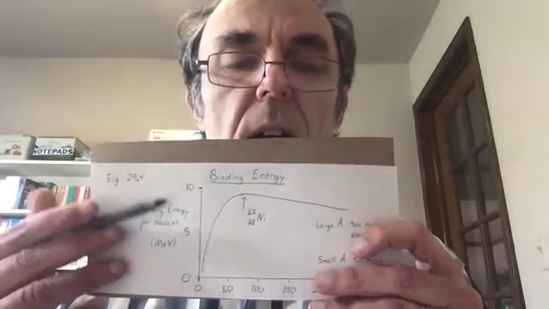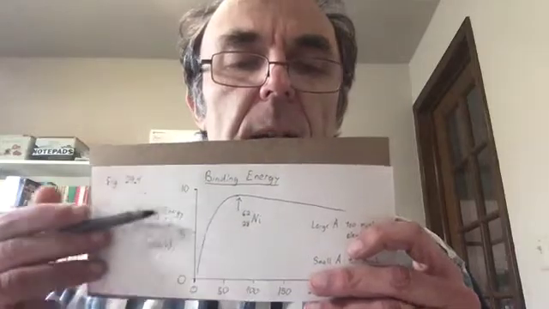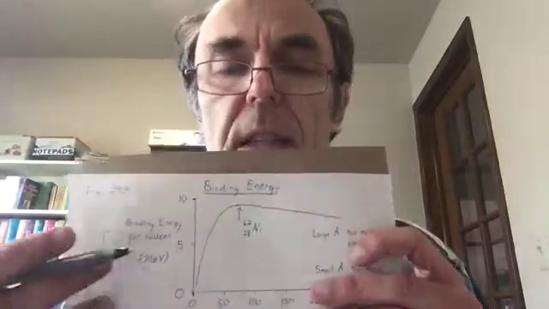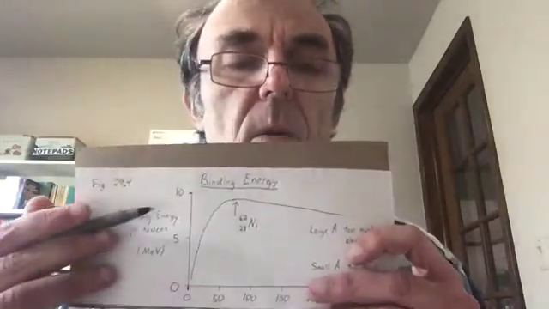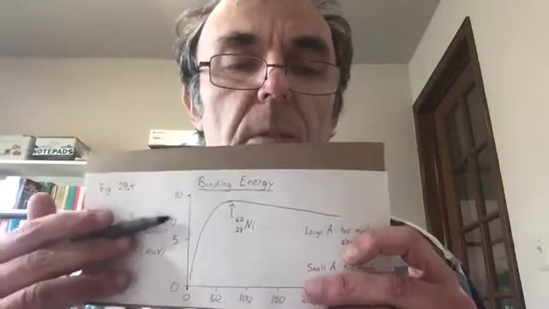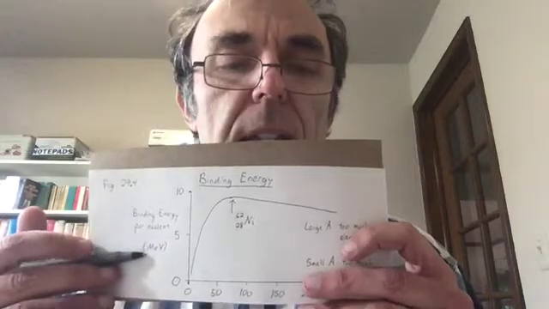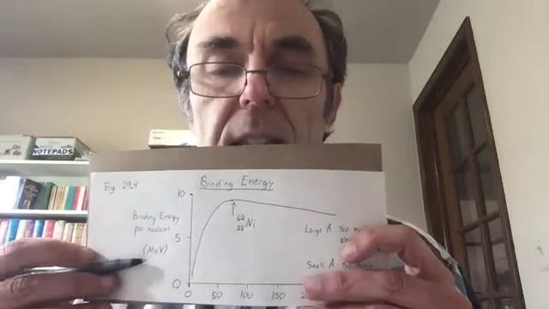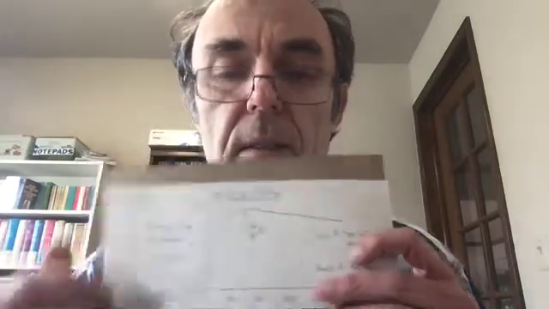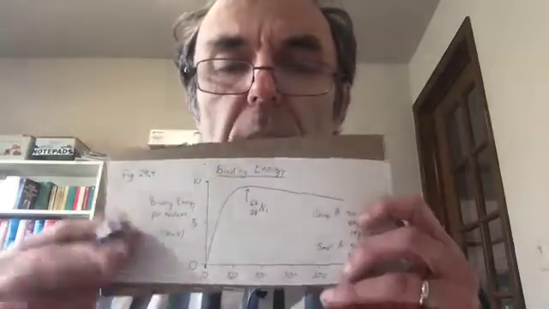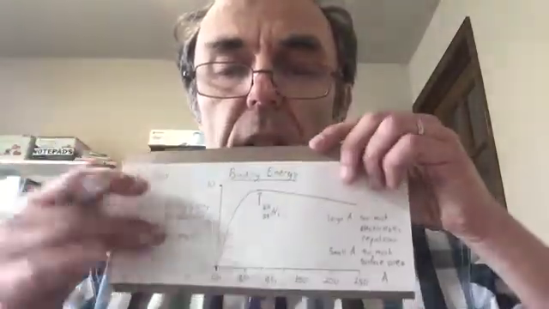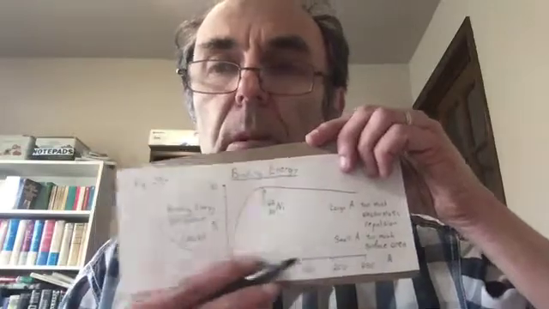I didn't want to plot the total binding energy because that depends on how big the nucleus is, how many nucleons there are. So we divide by the number of nucleons, A. So it's binding energy per nucleon, in mega electron volts. That's the scale for energies in the nucleus. And we plot that as a function of A, the mass number.